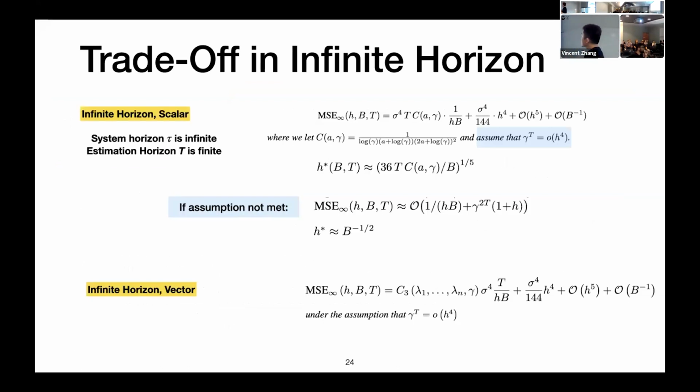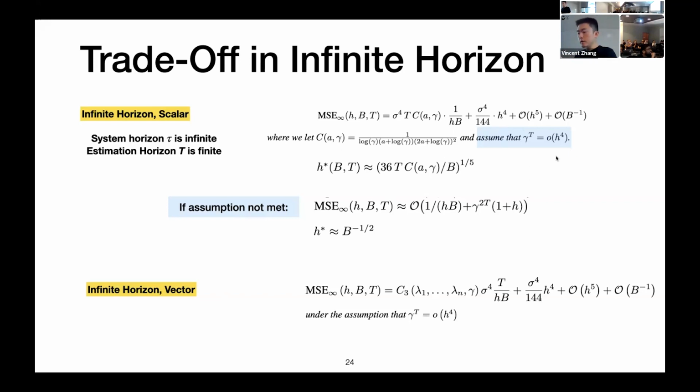But apart from that, the result looks very similar. Now if you notice, the order of H changes. But there's still this approximation error and this statistical error term. So those are still the same. And we can still write H star. Now it depends on B with a different order, 1/5 instead of 1/3 as before.